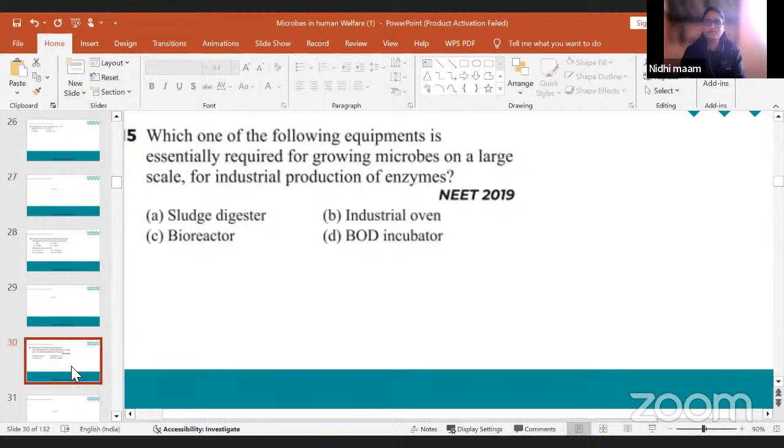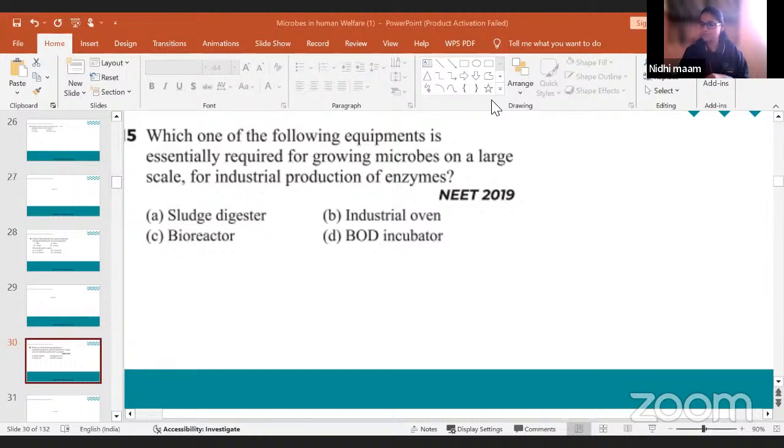Which one of the following equipment is essentially required for growing microbes on a large scale for industrial production of enzymes? A. Sludge digester. B. Industrial oven. C. Bioreactor. D. BOD indicator.